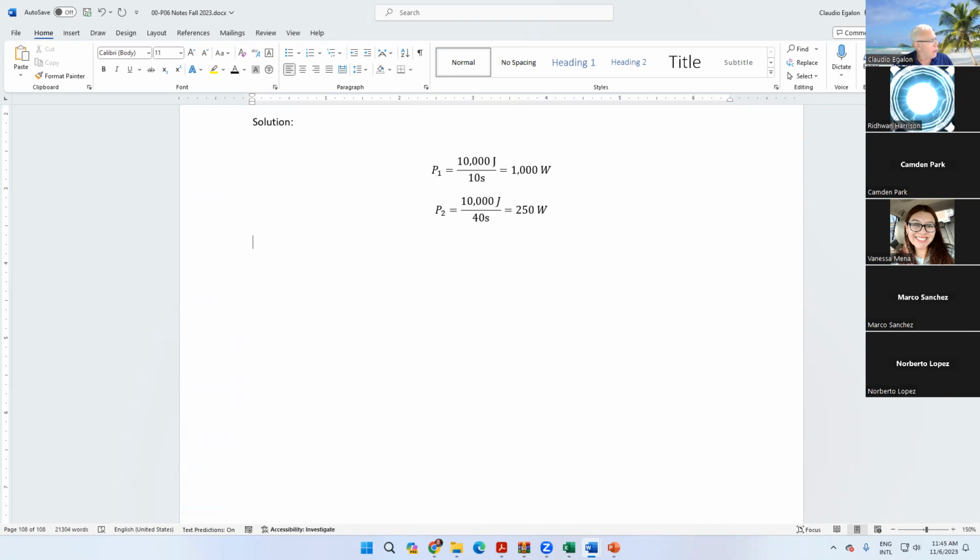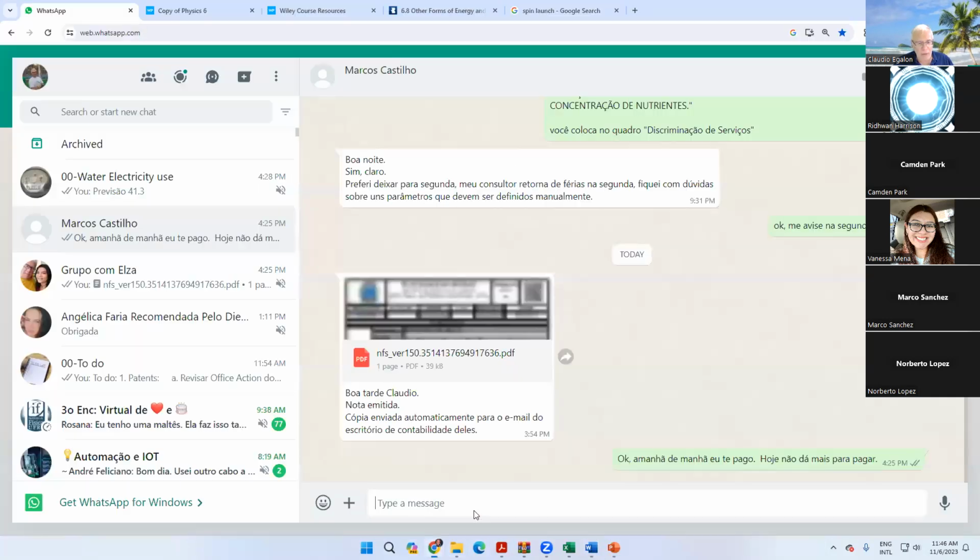What I want to do now is start with chapter 7. Okay, that's linear momentum. How do we call it? Let's see what your book calls it.